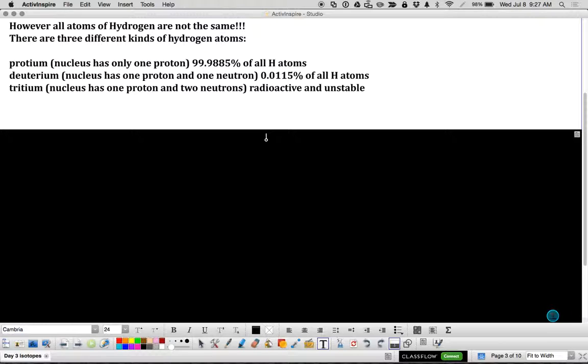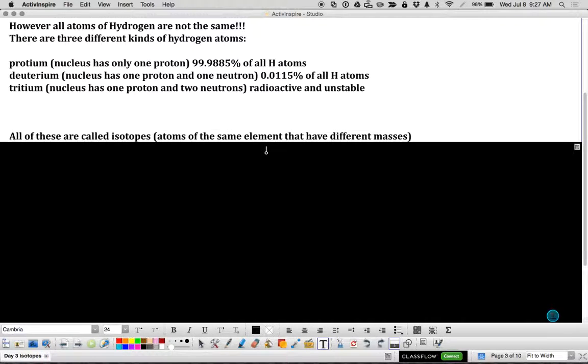All of these are called isotopes. They're atoms of the same element that have different masses. Atoms of the same element have different masses.